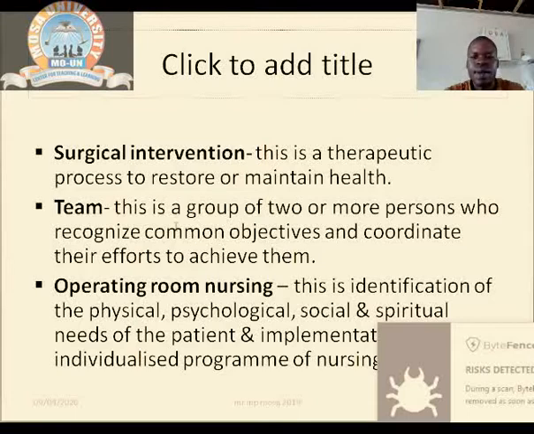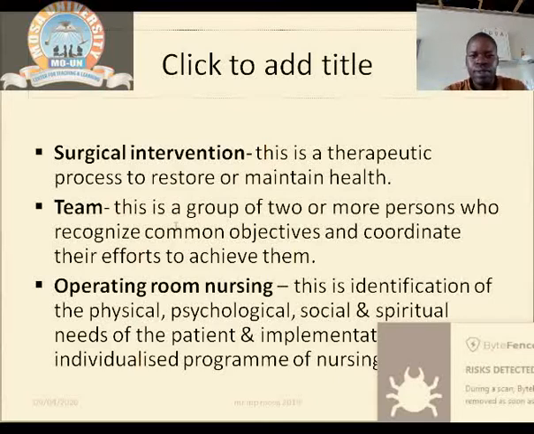Surgical interventions include wound dressing, cleaning of the wound, and ensuring that the drums for cleaning of the wounds are ready. These are part of surgical interventions. Anything that is related to surgery in relation to the care of the patient, we may describe as surgical intervention.